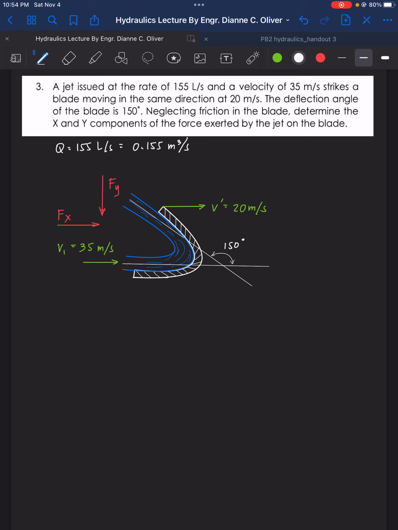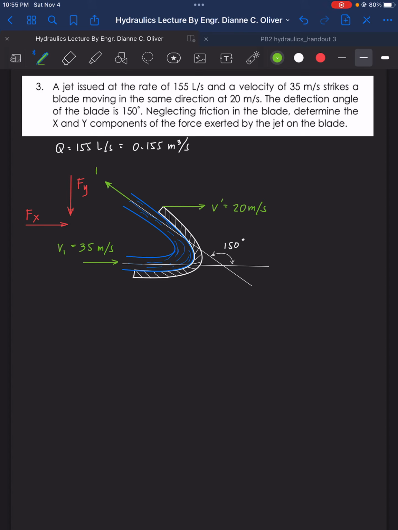So again, we're going to use the formula for case 2. In order to use the formula for case 2, we need the value for the u. So here is the u. This is our u, u being the relative velocity of the jet. As you can see, it follows the direction of the jet as it leaves the vane.